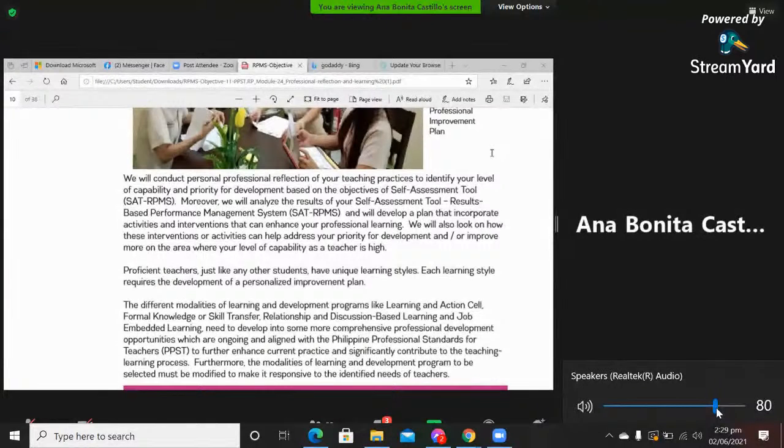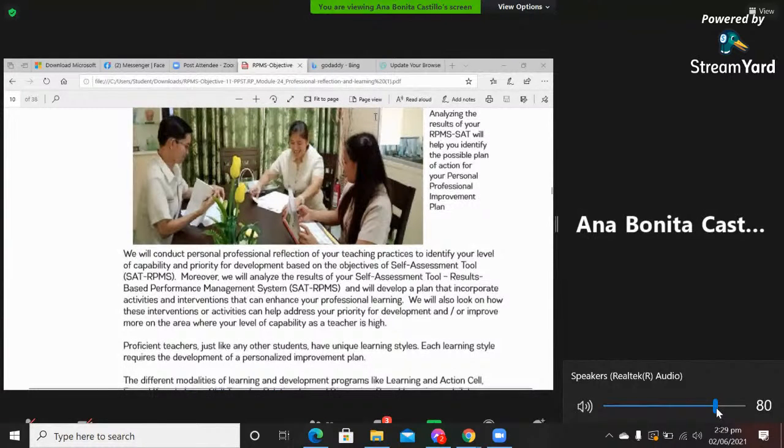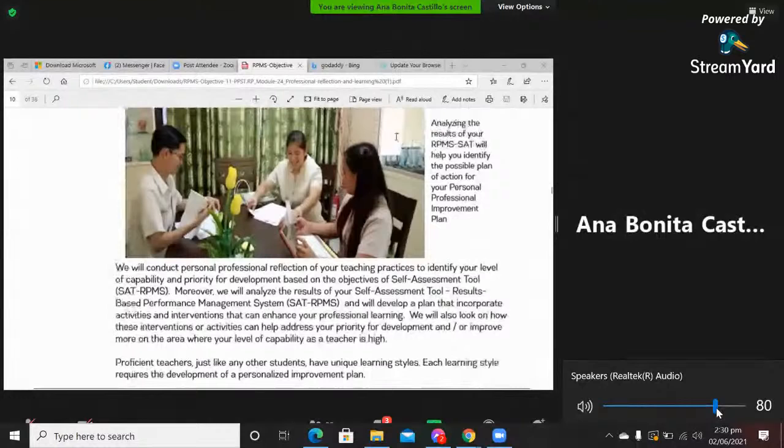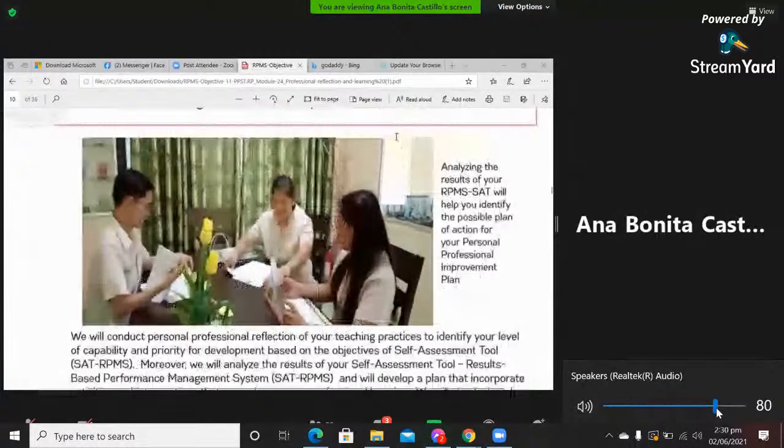Okay, let's focus on the picture of this activity. The teacher and principal are having a one-on-one about what they have planned, no?